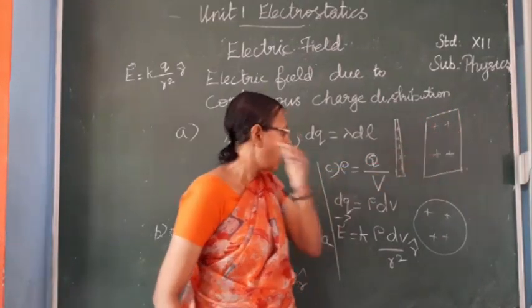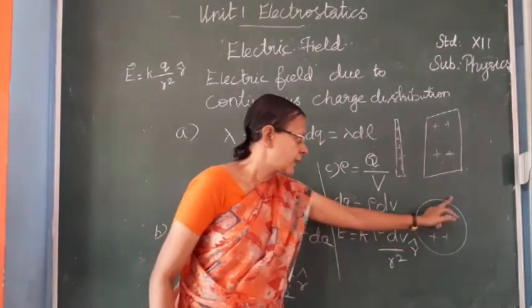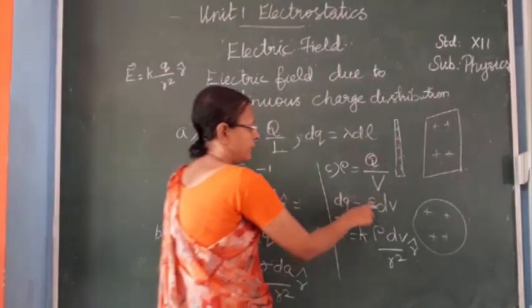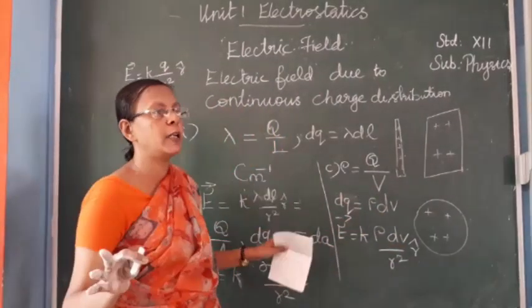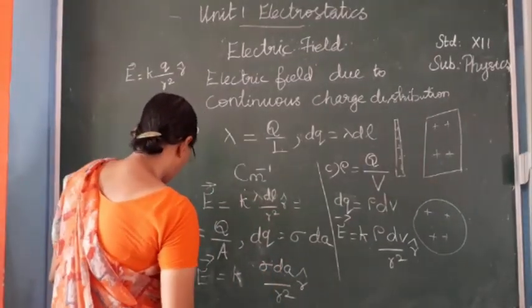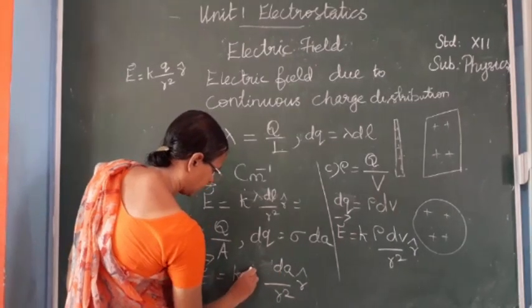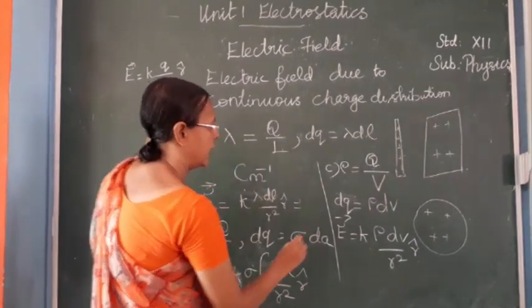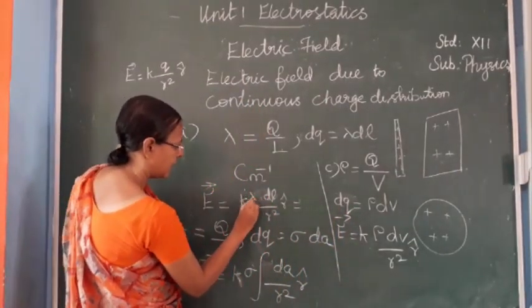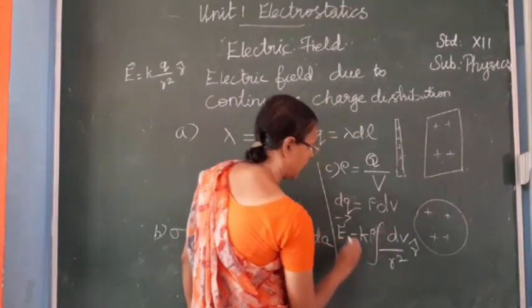In this case, how can we find the total electric field? This is for a small element. For the whole element, we use the integral. Here the integral of lambda, here the integral of sigma, here the integral of rho.